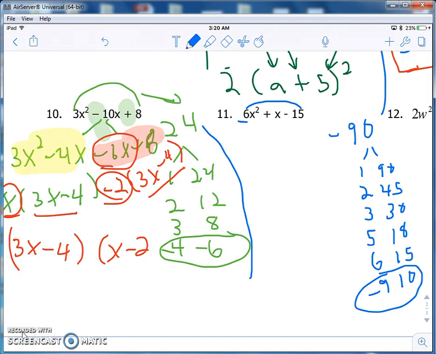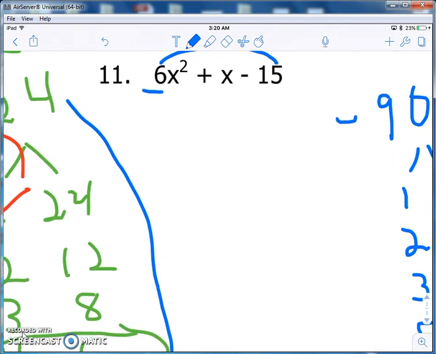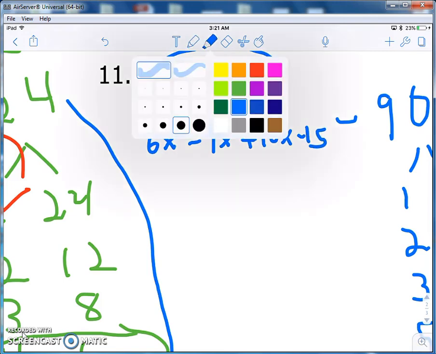So we're going to use 9 and 10, and we might run out of room here, so bear with me. Let's zoom in. So we'll write 6x squared. We want minus 9x, put the minus first if you can, plus 10x minus 15. Two groups of 2.